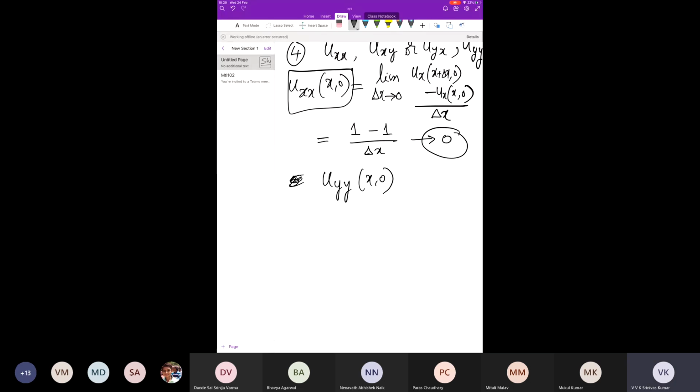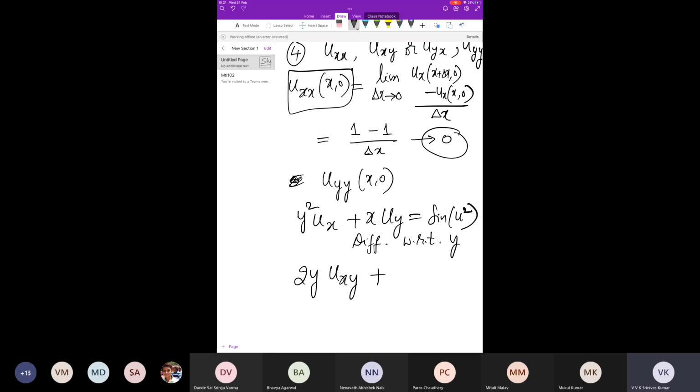So we have y squared ux plus x uy is equal to sine u squared, with respect to y, both sides. So 2y uxy plus x times uyy is equal to the derivative of sine, which is cosine u squared, times 2u into uy.